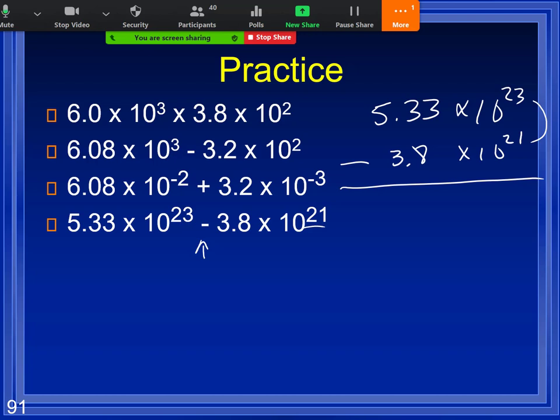I'm going to make the small one bigger. 22. No, I don't want 22. I want to go all the way up to 23. I want them to be the same. I want this to be 10 to the 23rd. I made this 2 bigger, so I need to make this 2 smaller. 1, 2. So that's 0.038. Move it over twice.